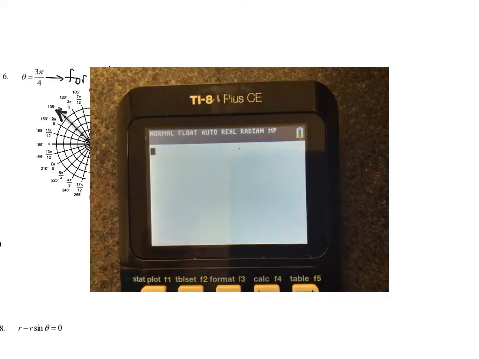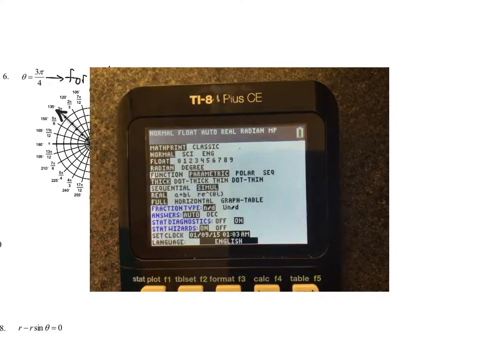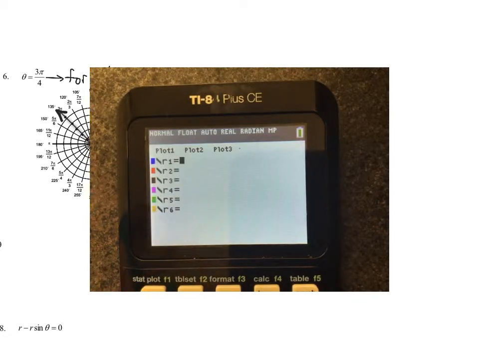We'll see. If you go to mode, again, function, we were in parametric, you can go to polar. Hit enter on polar. Now go back into y equals. It's not y equals anymore, it's r equals.